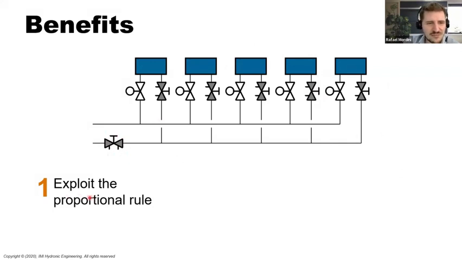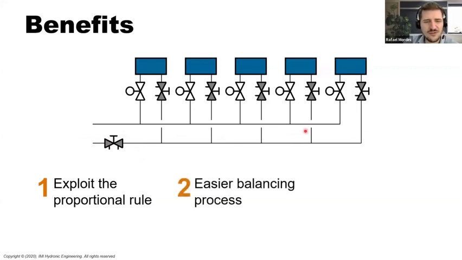And then you have some benefits like the proportional rule. What is the proportional rule? It says that when you have any disturbance in pressure upstream, all the equipment downstream will be affected the same way. So how can I use that? Well, we can use this for easier balancing.